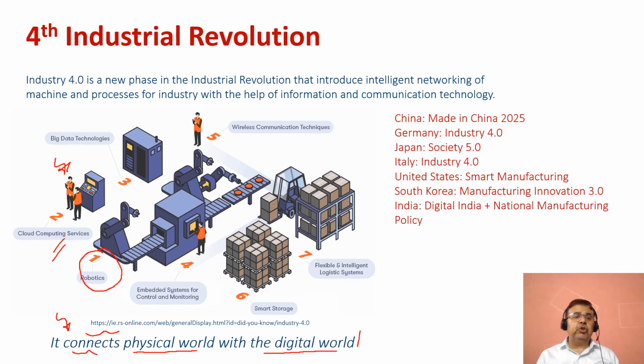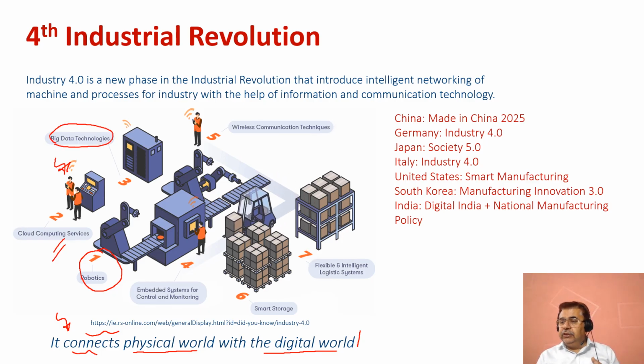Then we also have big data technologies. These tools collect and analyze large amounts of data from the factory to improve decision making, and that is also part of 4IR. Then we have at number 4, embedded systems for control and monitoring. So what are these?